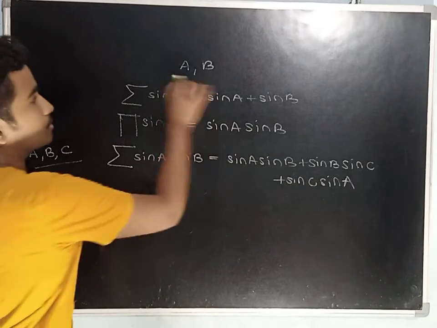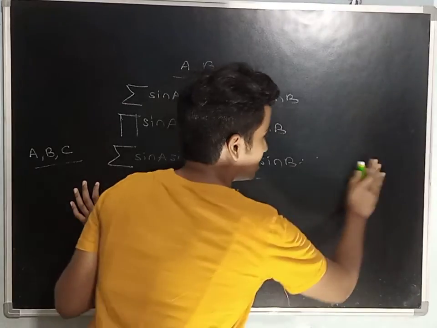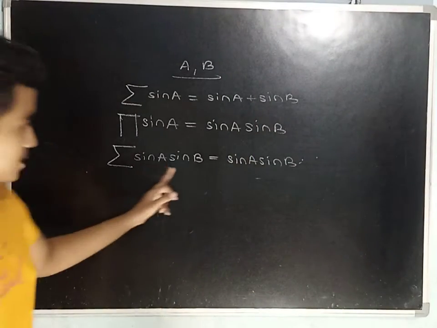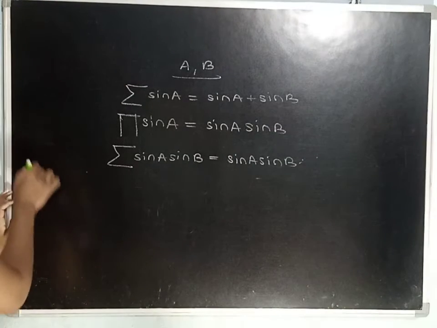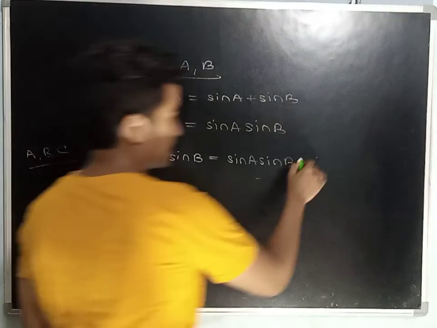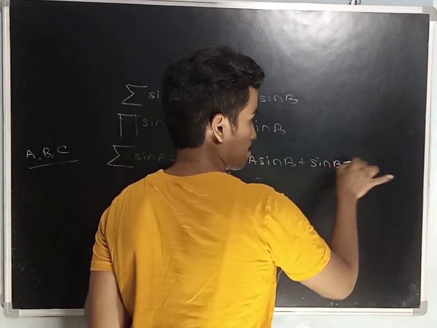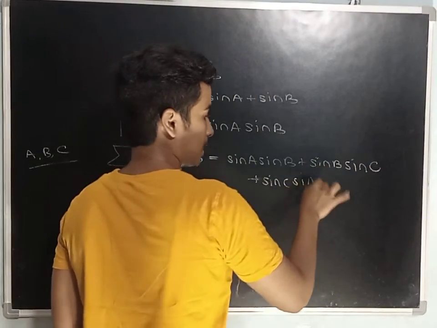If only two angles are provided, then we need not use these notations. We simply write sigma sin A sin B is nothing but sin A sin B. Suppose A, B, C are given; I have already explained: sin A sin B plus sin B sin C plus sin C sin A.